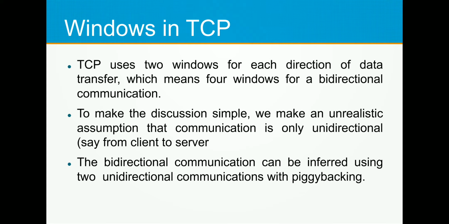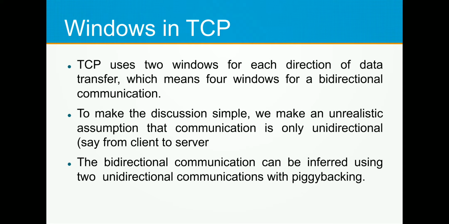Okay, so therefore there will be four windows for the bidirectional communication, and we already know that TCP offers full duplex communication between the server and the client. However, to understand the concept of windows in a simple manner, we make an assumption. Okay, however, this assumption is unrealistic.